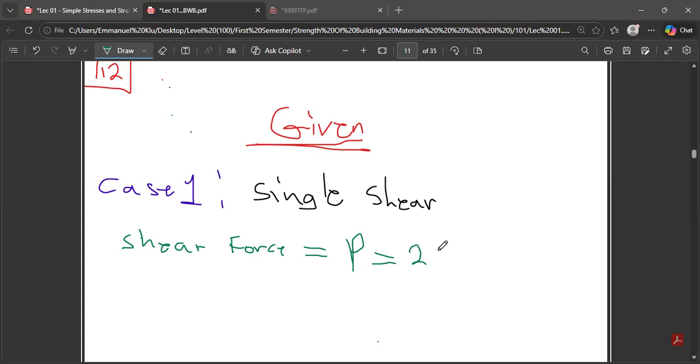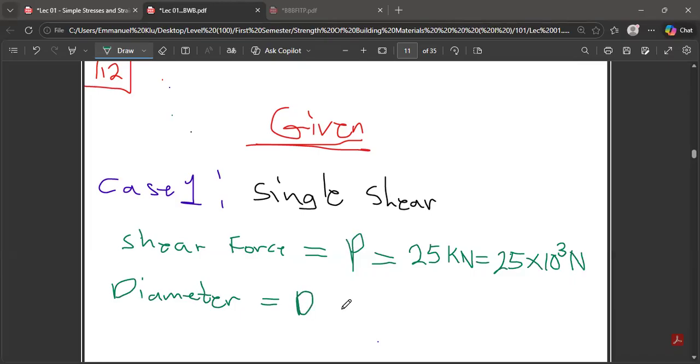They said 25 kilonewton, which is equal to 25 times 10 exponent 3 Newton. And then the diameter D is equal to 20 millimeters. It was given in the question.